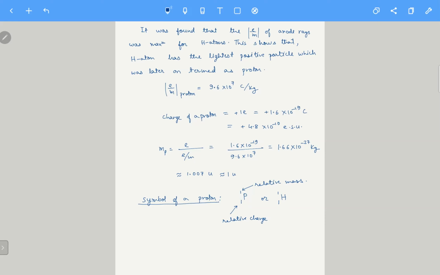Goldstein. Goldstein is given the credit for discovery of protons.